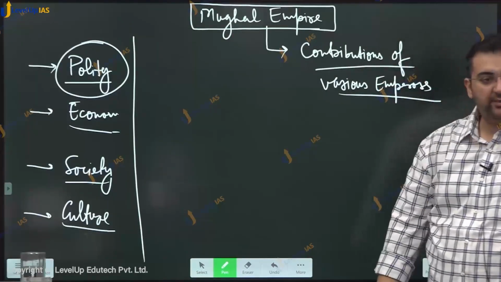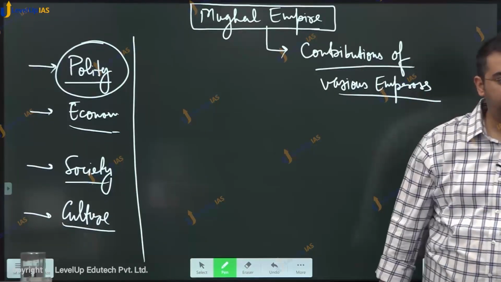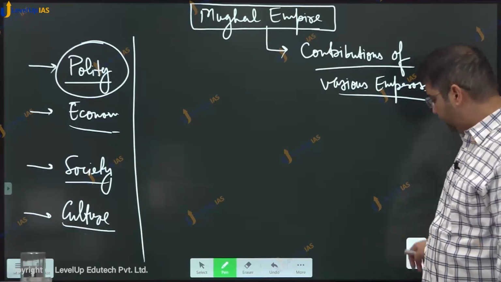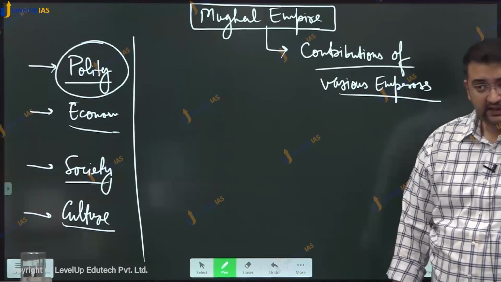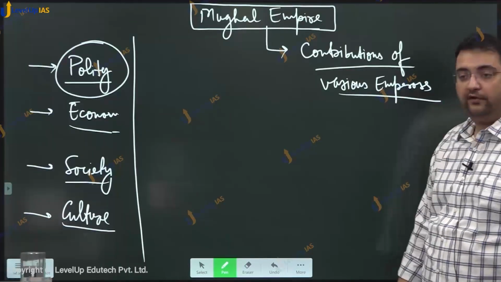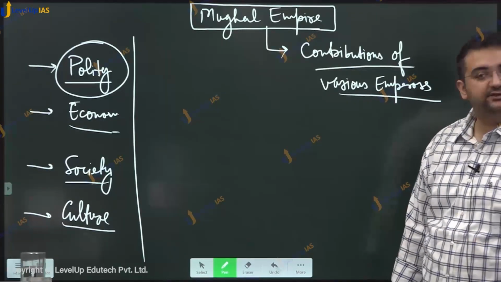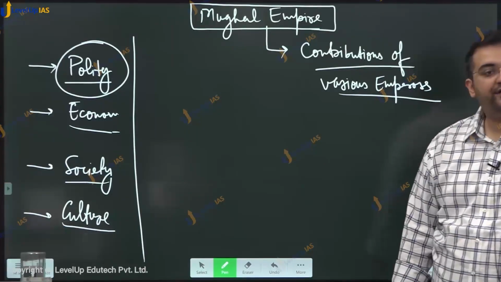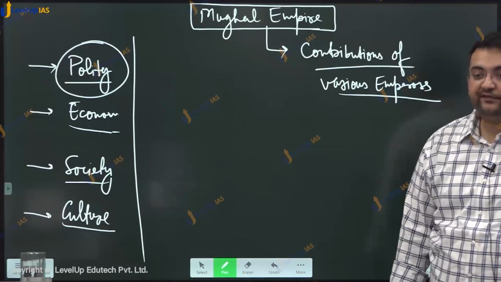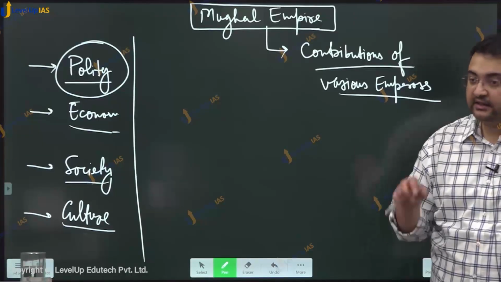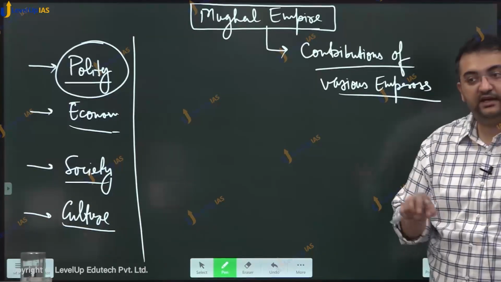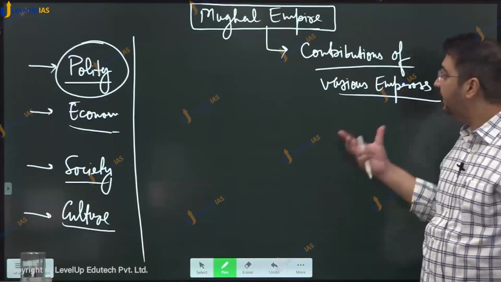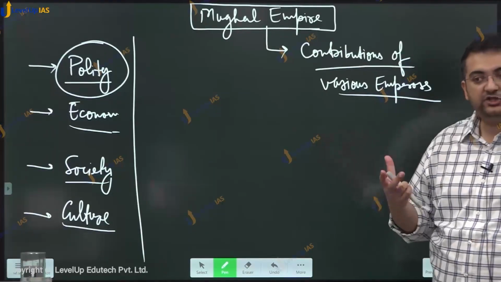For example, Babur, the role that he played in the establishment of the Mughal Empire, the problems and challenges that Humayun had to face, the career of Sher Shah Suri as an institution builder and administrative reformer, the activities of Akbar, who strengthened the foundations of the Mughal Empire and prepared the stage for imperial expansion, bringing about a new philosophy of rule, the activities of Jahangir and Shah Jahan.